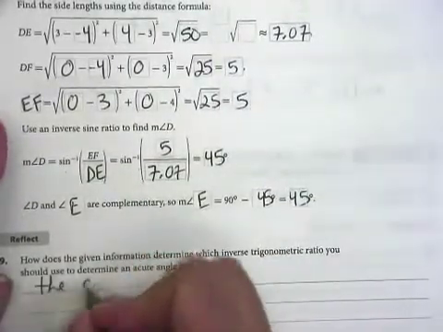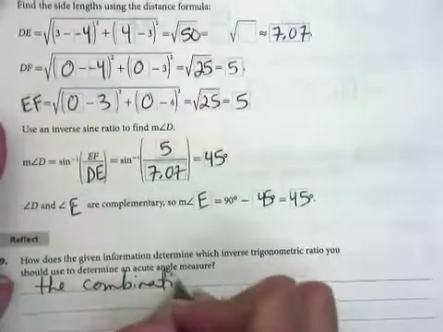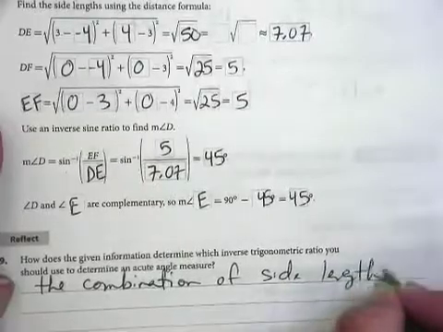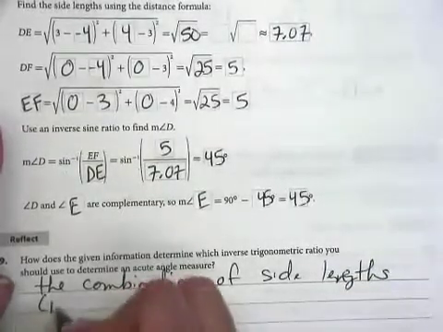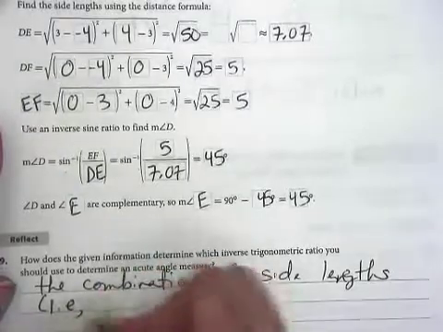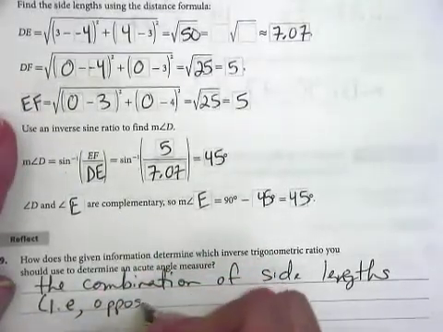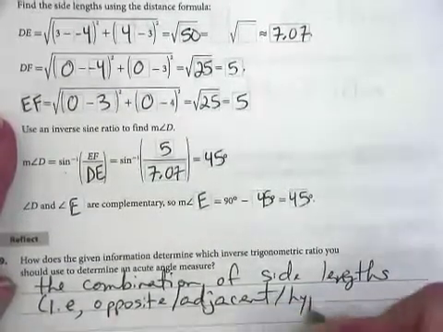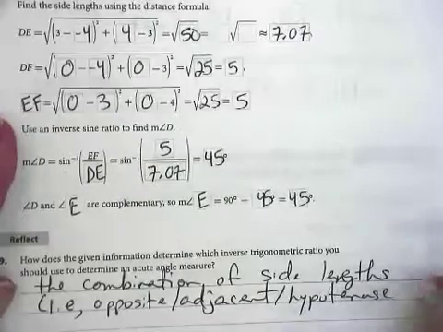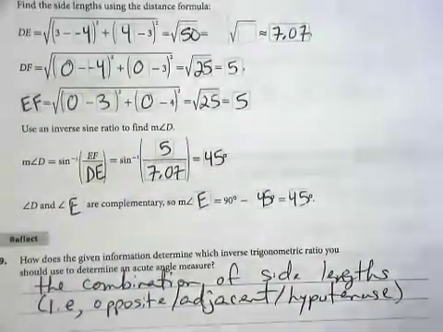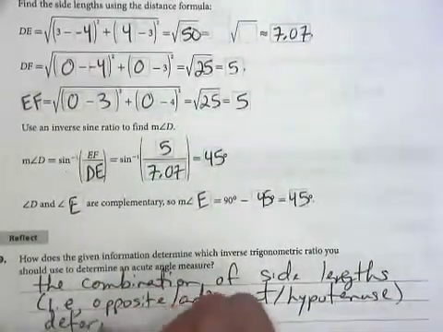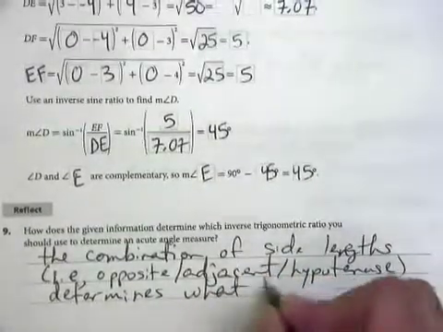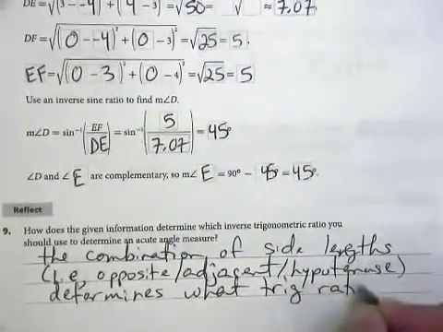We've talked about this before in class, that the combination of side lengths, i.e. opposite, adjacent, hypotenuse, determines what trig ratio to use.